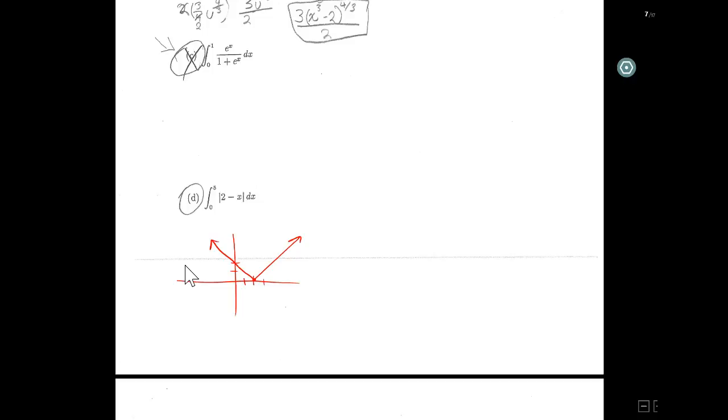So if I went from 0 to 5, I'm looking at these two triangular regions. I have 1/2 base times height for this one, plus 1/2 times 3 times 3 for the next one. So I basically have 2 plus 9/2, so 6.5.